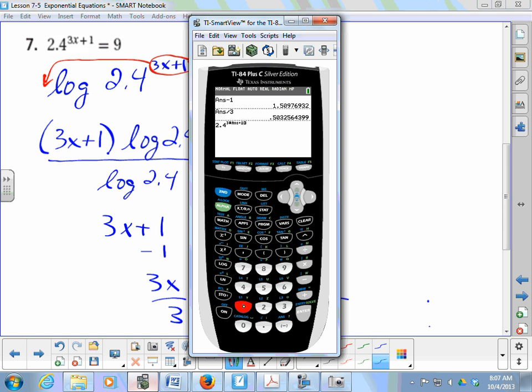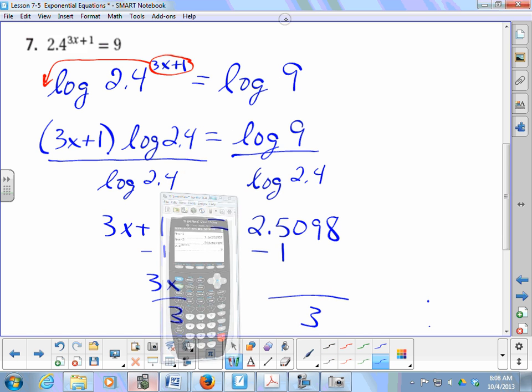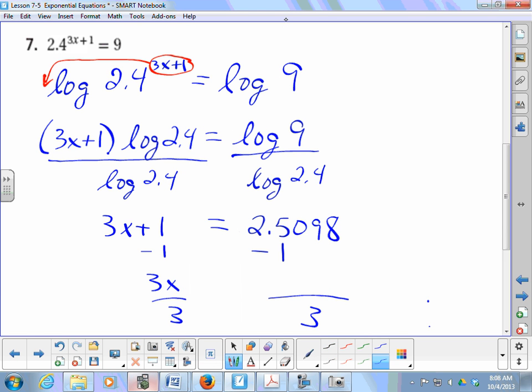Now I'm still maintaining the complete integrity of my answer, and I should get 9. But you can do that just by checking it on your calculator too. You don't have to write out all the steps to check it. If you check it on your calculator, I'm okay with that. But those do get a little bit lengthy sometimes. Good with that?